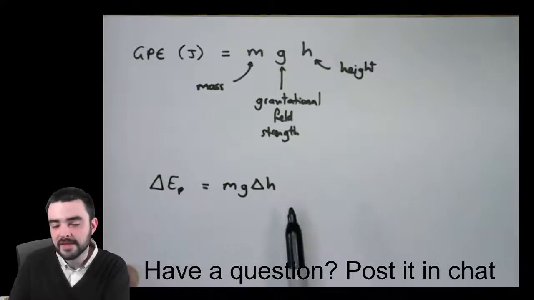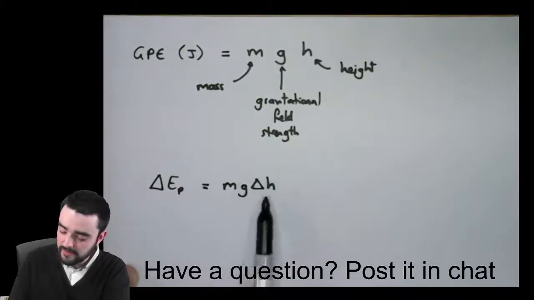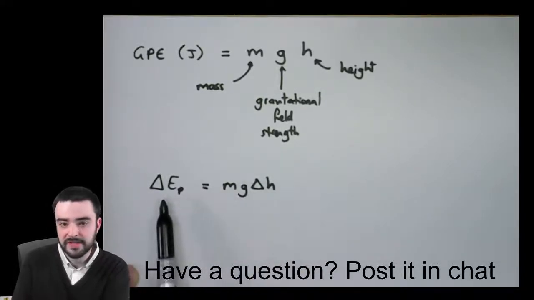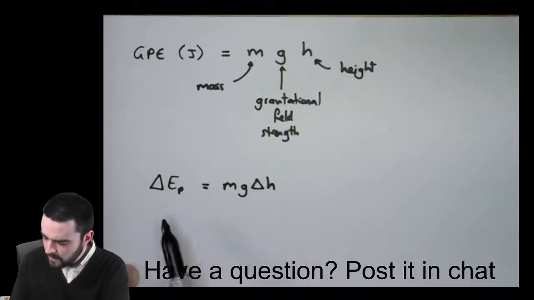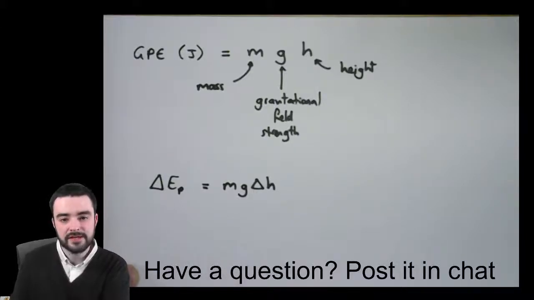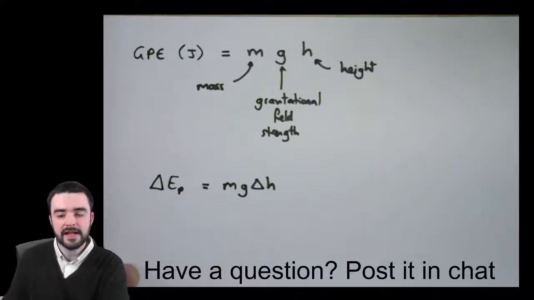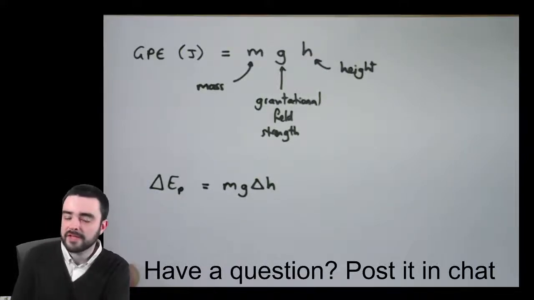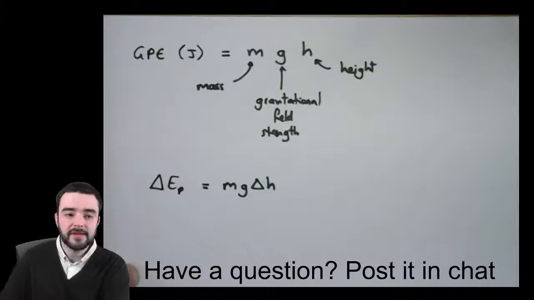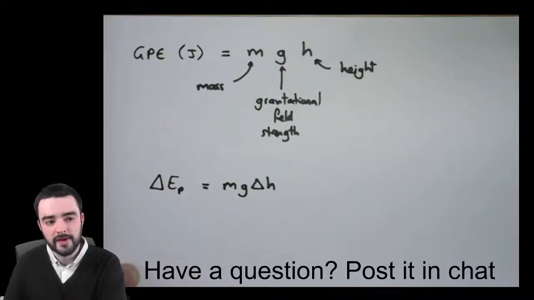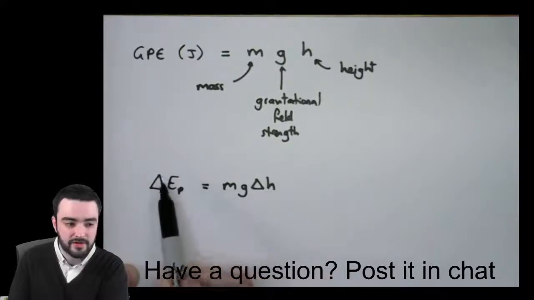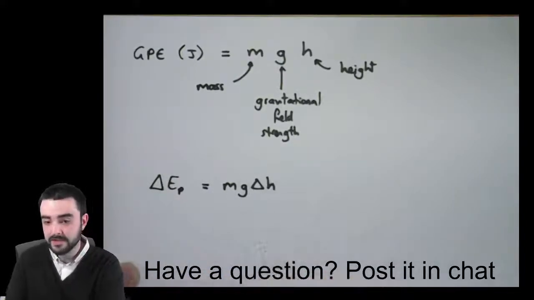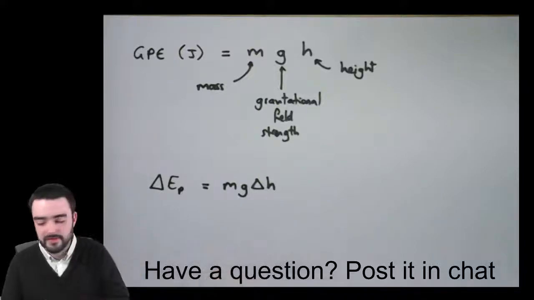Now, the reason for this is generally we are looking for changes in gravitational potential energy, because to calculate the absolute gravitational potential energy means you need to be able to state where you're starting your height from. Things that land on the floor still have a gravitational potential energy, because if you removed that floor, they would continue falling. So to get around this, we tend to look at the change in gravitational potential energy, and so the change in height becomes more relevant.